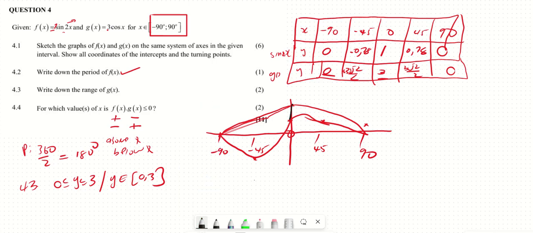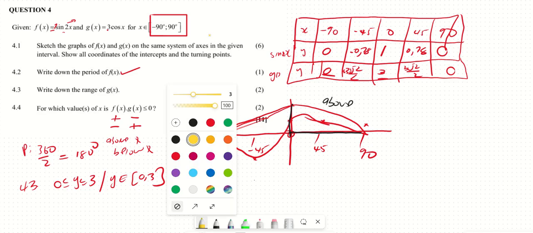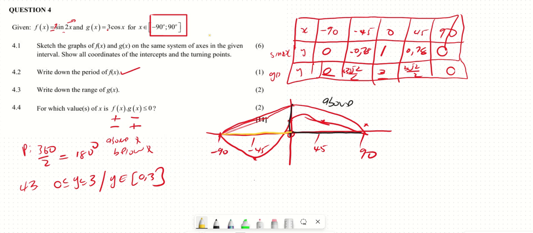If you look from this portion going this way, all of them are above, but from here going this way, one is above and the other is below.